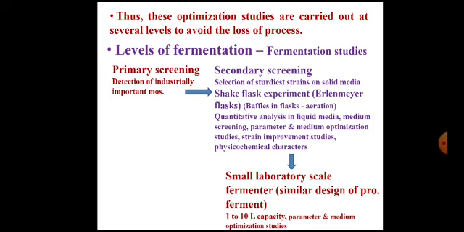So at the small scale laboratory fermenter level, there can be a study of the different physical and chemical parameters. The behavior of the strain is studied. Then at this level, there can be medium optimization studies.